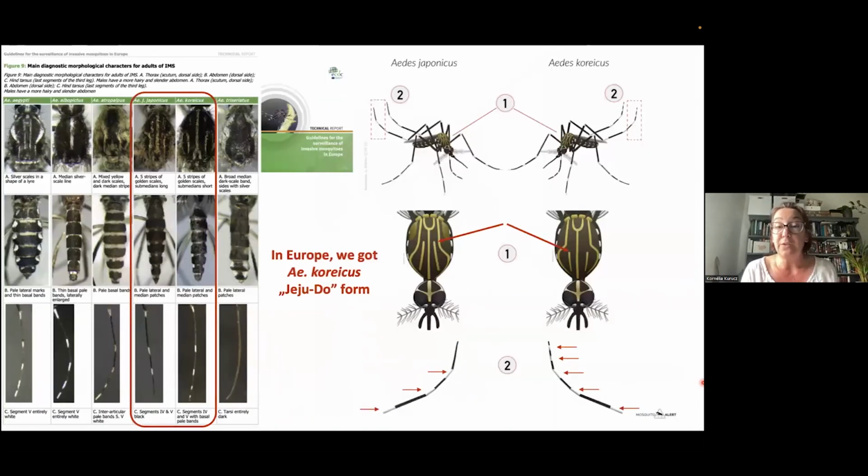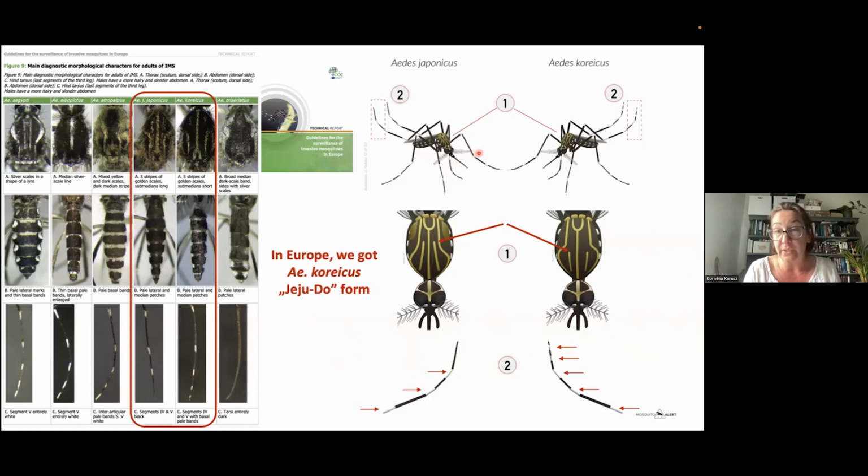Because in Europe we got this island form, or this morphological form that originated from this island, both the ECDC guidelines, the technical report, the guidelines for invasive mosquito surveillance, focused on those morphological characteristics, and also from the Mosquito Alert system, you know these morphological keys.